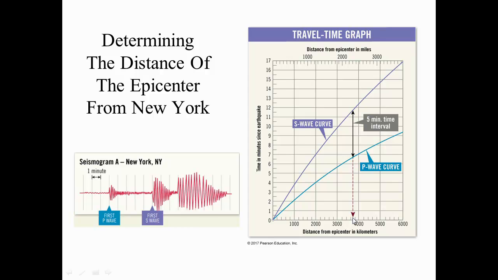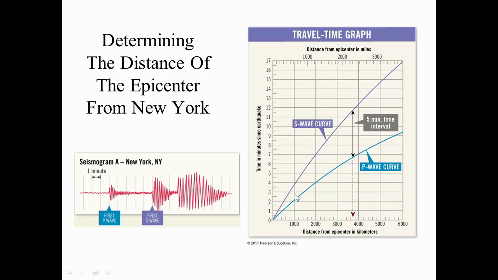From there, we simply read down to the horizontal scale, and we see that New York is about 3,700 kilometers from the epicenter. Okay. Everybody see this? On the other hand, for a seismograph station closer to the epicenter, that time interval will be much shorter.